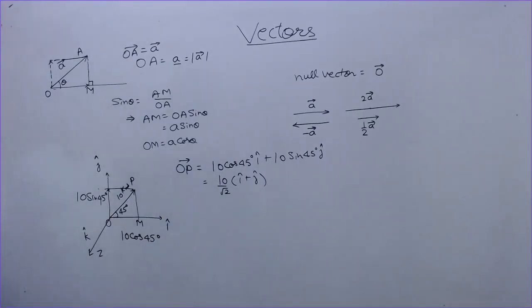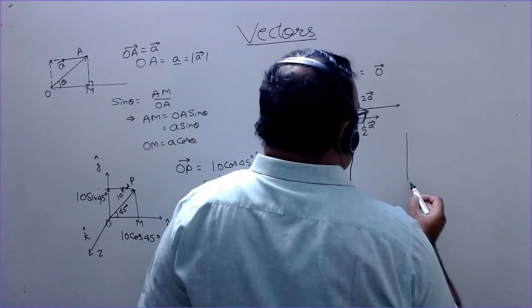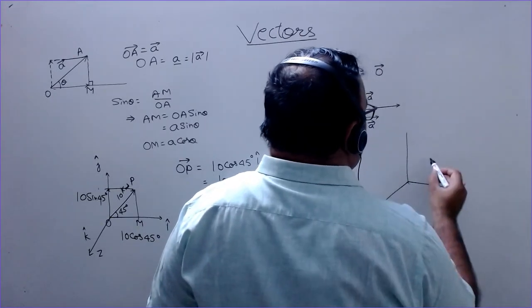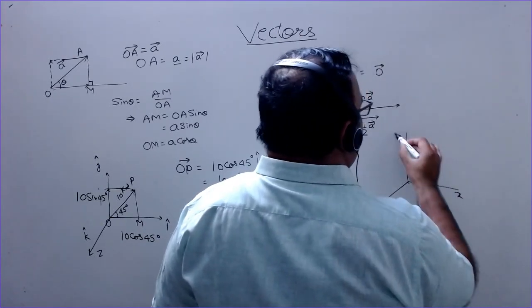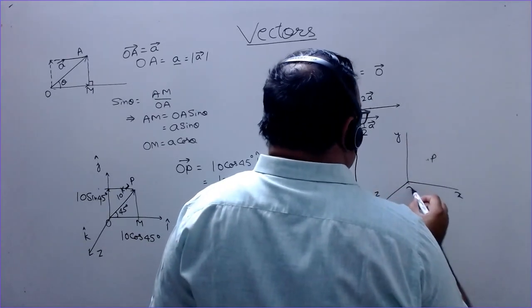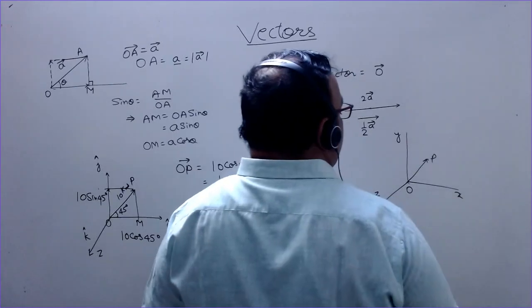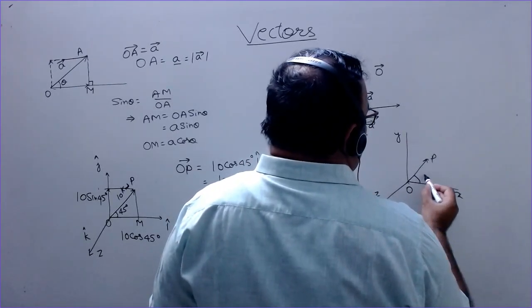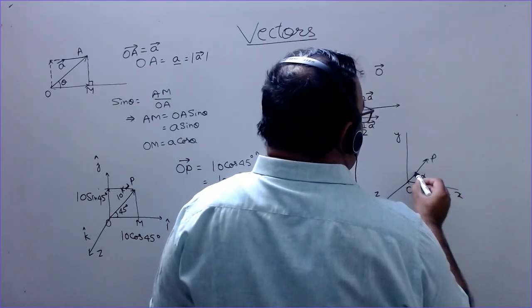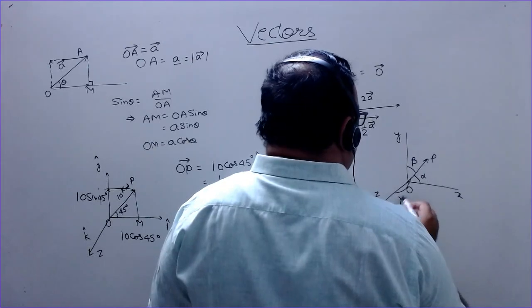If a vector has a component in the third direction also, the z direction, how do we take that? Suppose this point P, and in space x, y and z axes. This is O, join this, so you get the vector OP. It is making angles alpha with the x-axis, beta with the y-axis, and gamma with the z-axis.